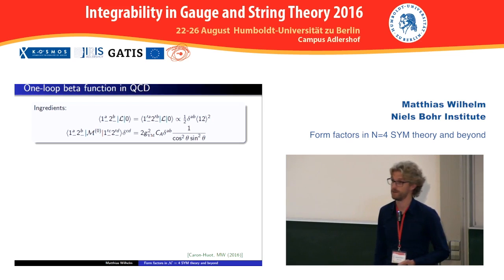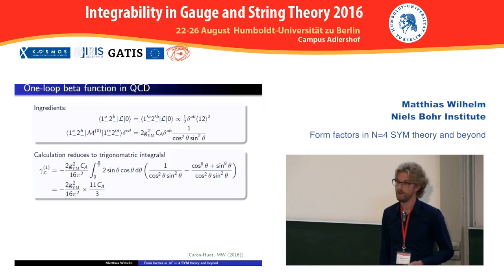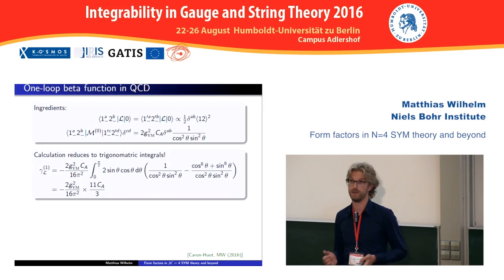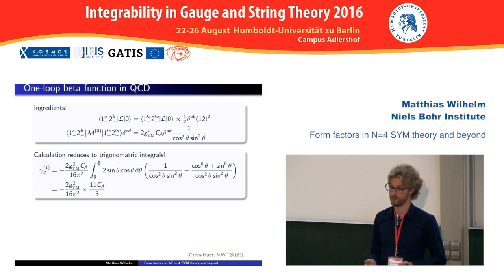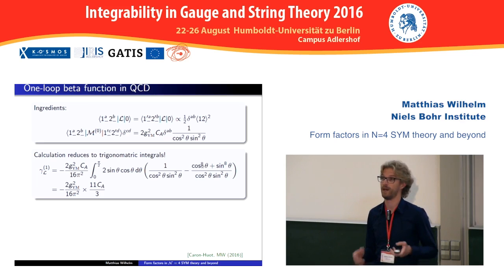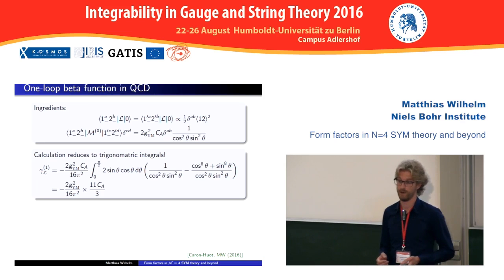If we now insert this in the previous equation, we find that this phase space integral reduces to a simple integral of trigonometric functions. Here, this is just this factor, and the second factor stems from the IR subtraction, which we perform via the stress tensor.